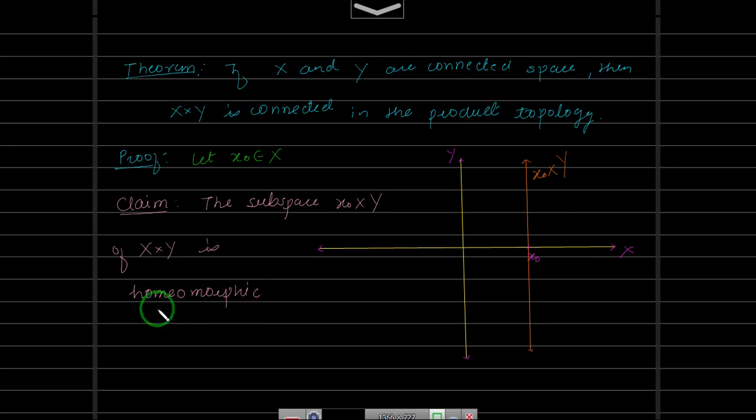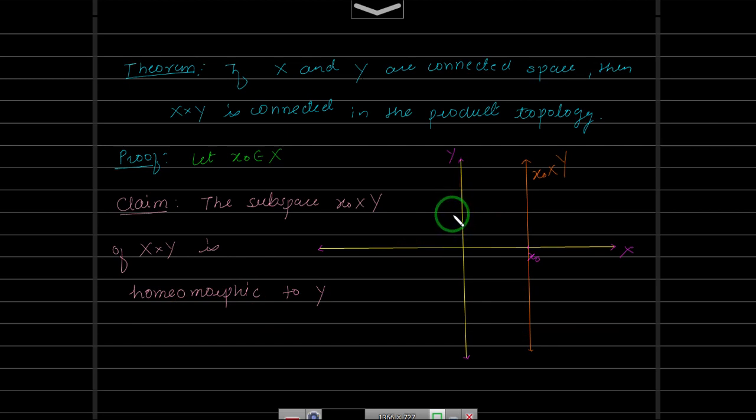So we are showing that all the points on this line, this space, is homeomorphic to Y.